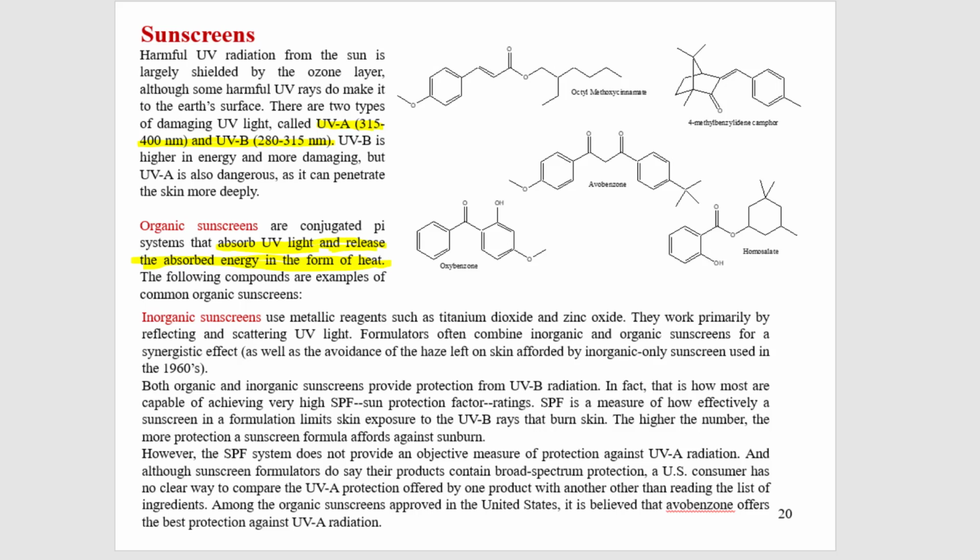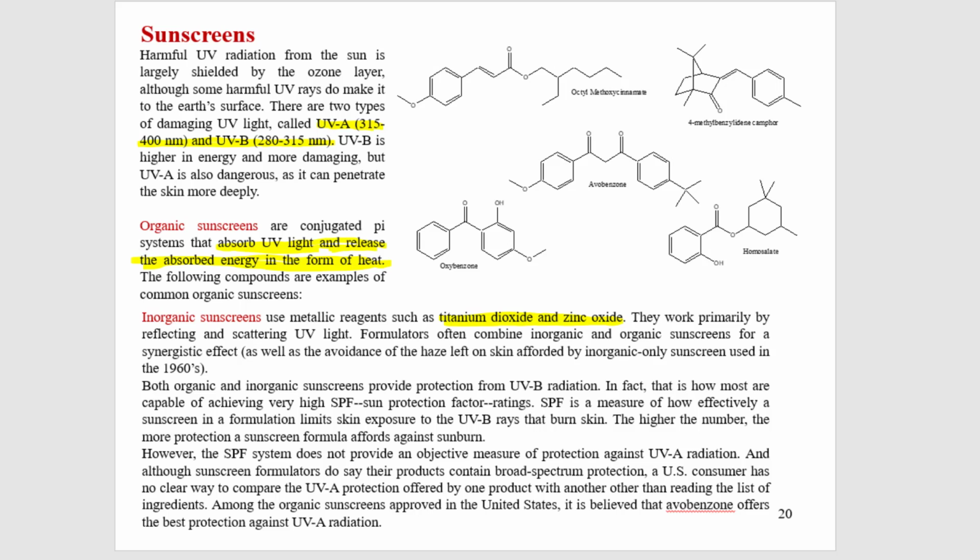There are also inorganic sunscreens. These are ones that don't contain carbon, like titanium dioxide and zinc oxide. These are the ones I like. They're far more effective against UVB rays. You can read a little bit more in this article, but the SPF, the sun protection factor ratings, pertain to UVB rays for the most part.